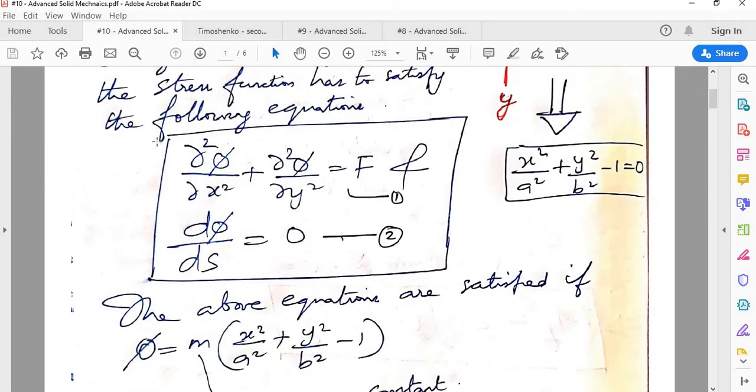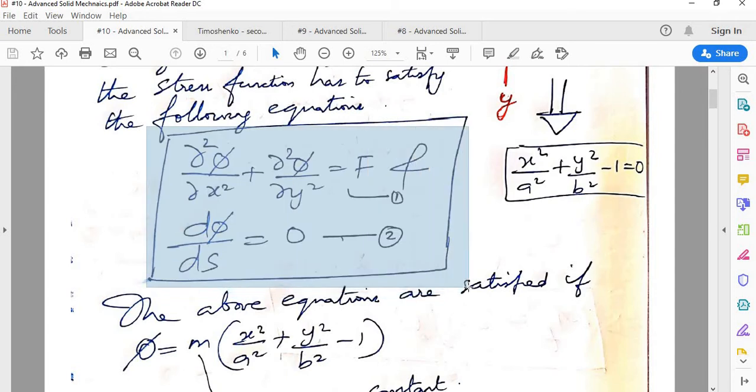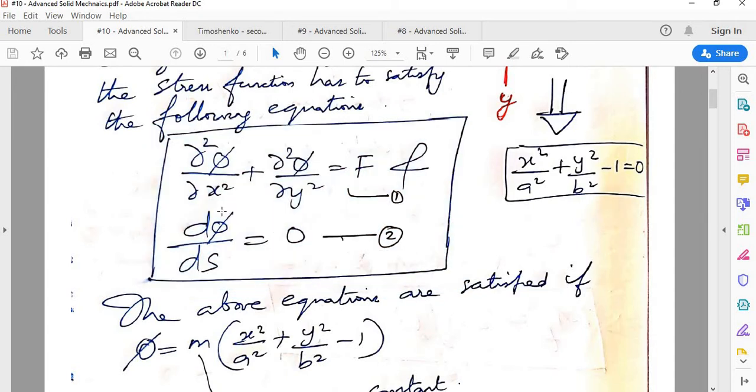And what happens is, since you require the stress function to satisfy these equations, and especially the second equation which states that the stress function along the boundary, d phi by ds equal to 0, means phi should be a constant along the boundary.